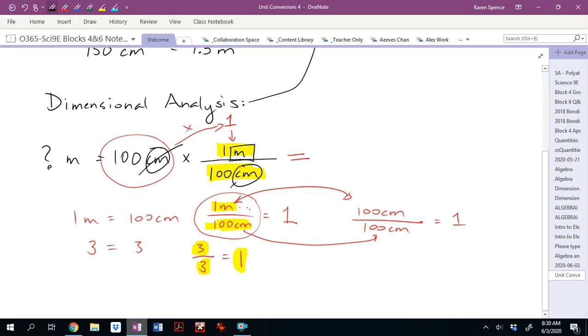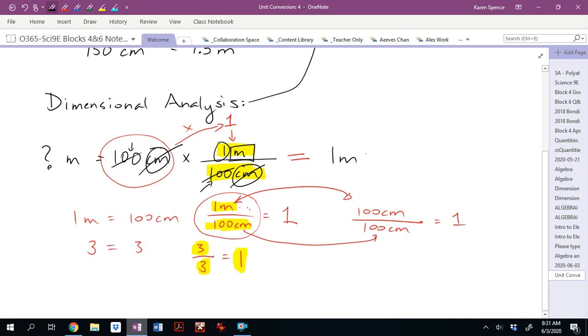So my centimeters are going to cancel because I have 1 on the top and 1 on the bottom. And remember, anything that's on the top, if there's something on the bottom, it will cancel out. So what we'll end up with then is 100 divided by 100. So my hundreds cancel out, and I end up with 1 meter.